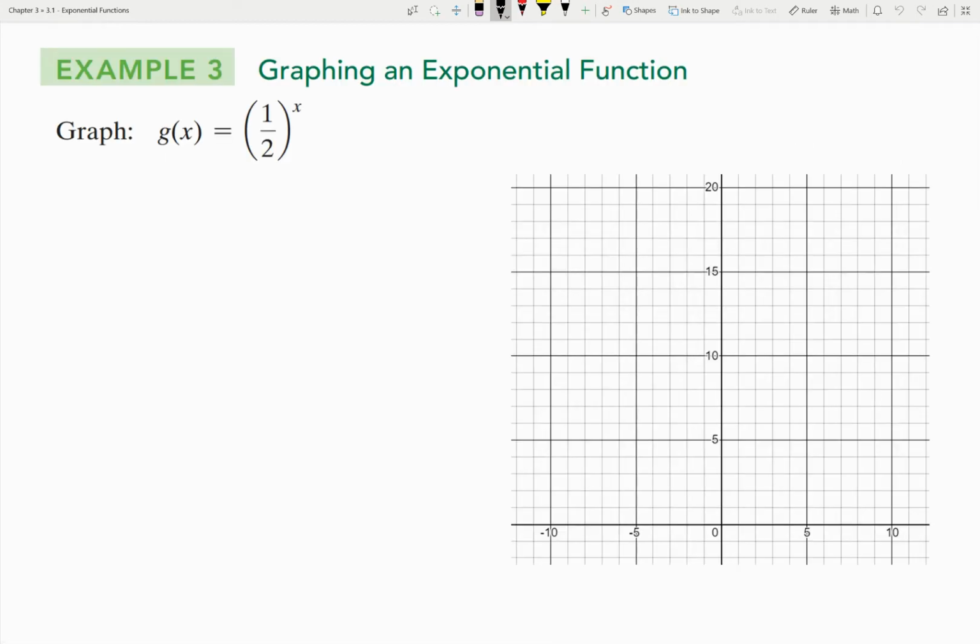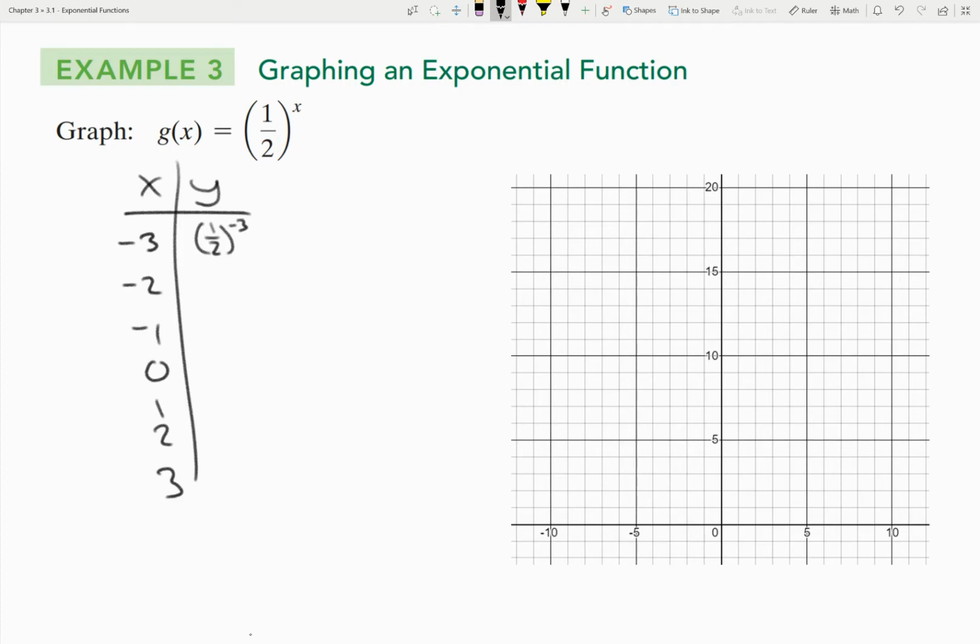Let's see the difference with this function when we have a fraction in the base. As I plug in my negative numbers, remember that negative numbers usually give you a fraction, but if you raise a fraction to a negative third power, that makes 1 to the negative third over 2 to the negative third, and that means they switch, so that's 2 to the third over 1 to the third, which is now 8.